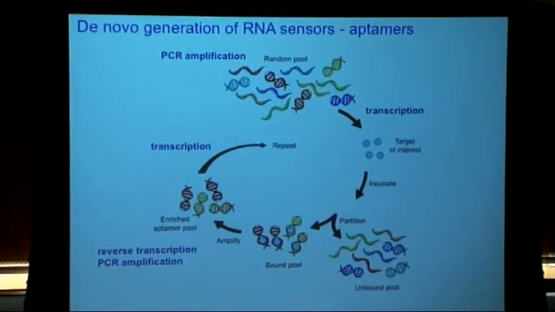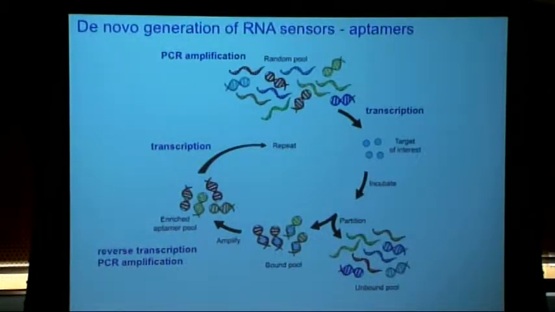There are processes referred to as SELEX or in vitro selection, where you can start with a very large pool of random RNA molecules, on the order of about 10 to the 13. You take your target of interest, whether it's a protein biomarker or a small molecule hormone that you would like to develop a sensor to. You incubate them, partition the very small number of bound sequences from this large library, and then amplify and go through this process iteratively.